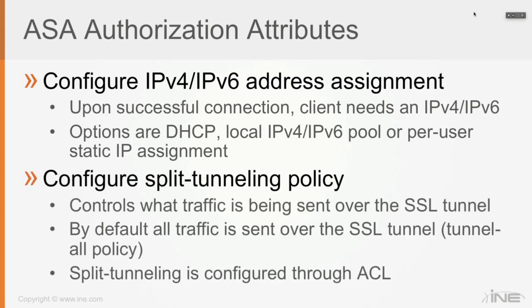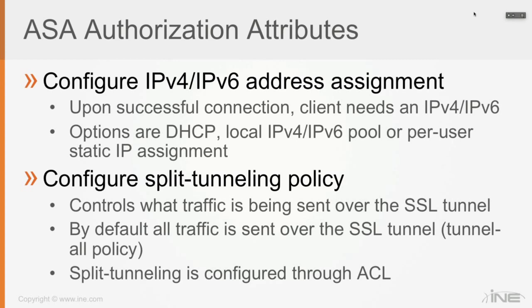And then a split tunneling policy. Once the tunnel is up, what traffic is going to be injected into the SSL VPN tunnel? As I said, by default, all traffic is being injected into the SSL VPN tunnel, which is the tunnel-all policy. If you don't want that to happen, then you have to configure what traffic to be sent to the SSL VPN tunnel. That's split tunneling configuration, and that's being done through an access list.